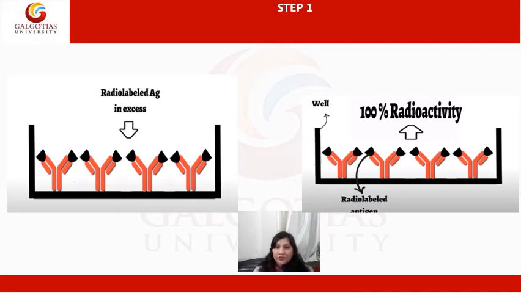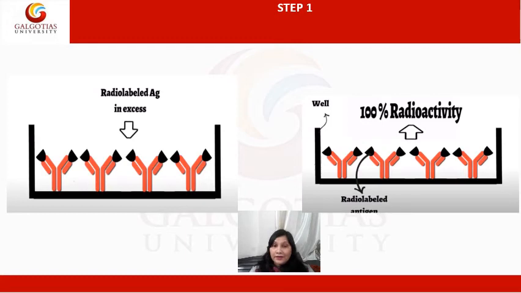will involve the washing of the microtiter plate so that we will have all the antibodies bound with radio labeled antigen, and there will be no free antigen or antibody left in the microtiter plate. Now just assume if all the antibodies are bound with radio labeled antigen, it means this microtiter plate will show 100% radioactivity.